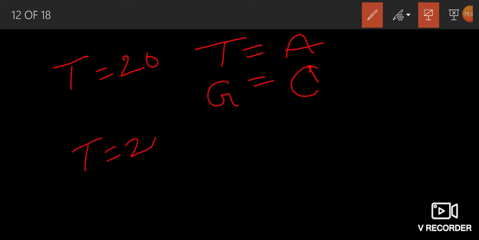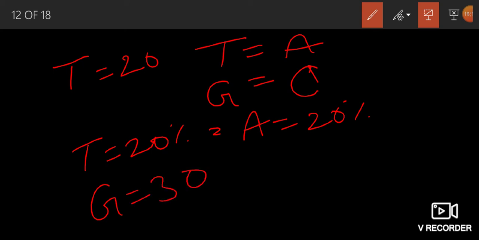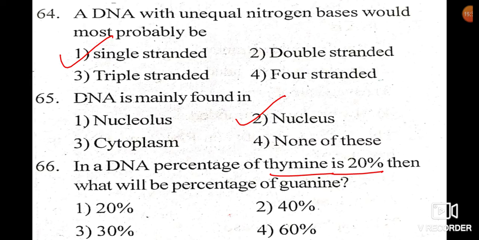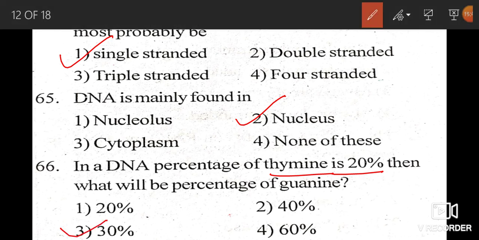So T equals 20%, it means A is also 20%. T 20, A 20. Then G is 30, C also 30. So total 50, 50, totally 100. So when thymine is 20, guanine is 30. Right option is 3. 30% is the right answer.